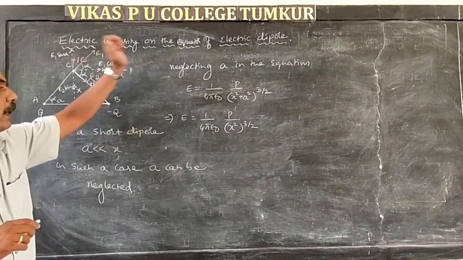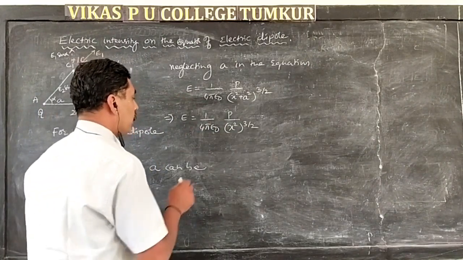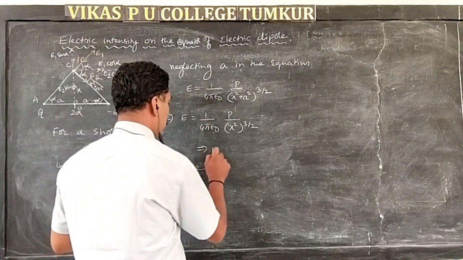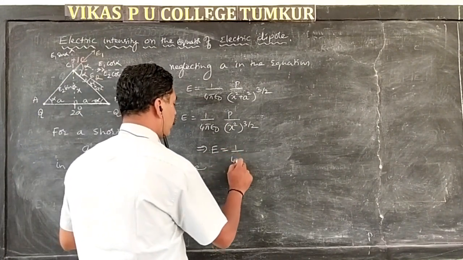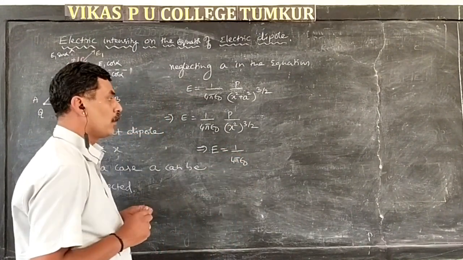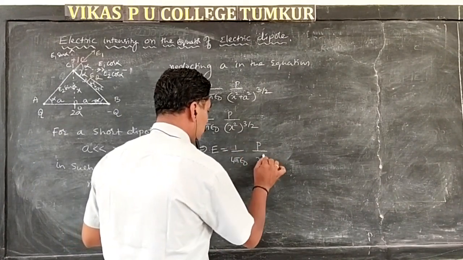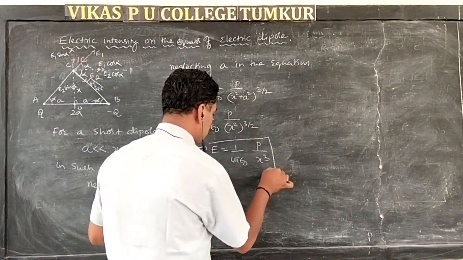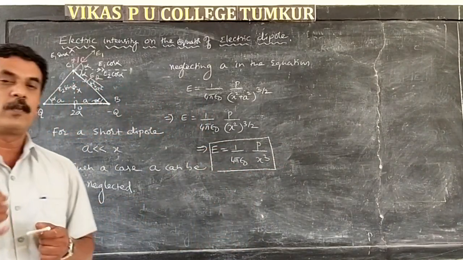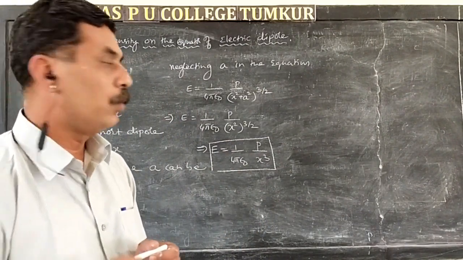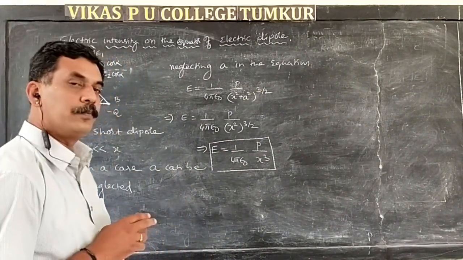Since a is neglected, we drop it. So E becomes 1 by 4 pi epsilon naught P by x cube. So this is the electric intensity on the equator of a dipole, due to a short dipole.